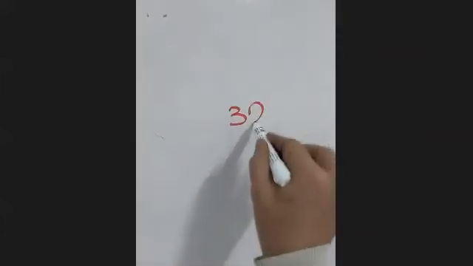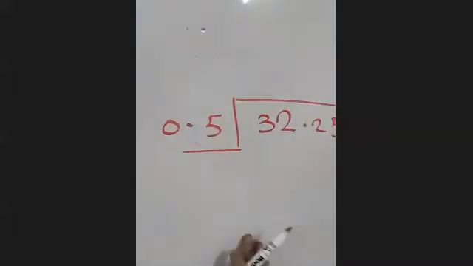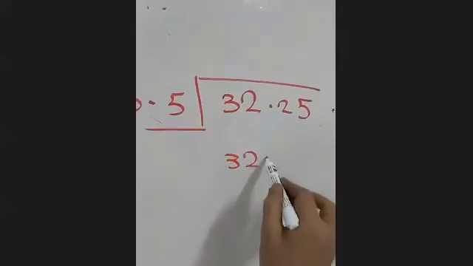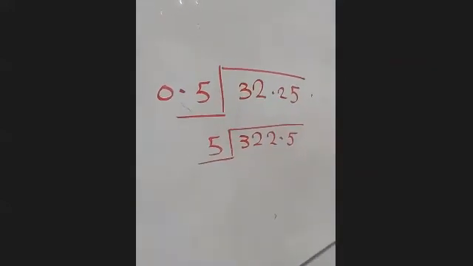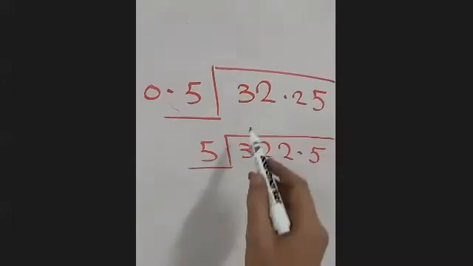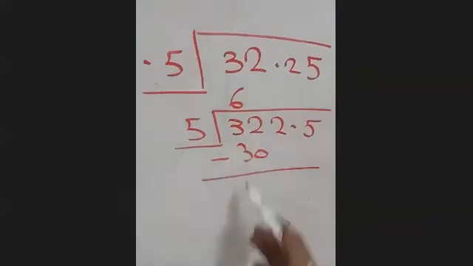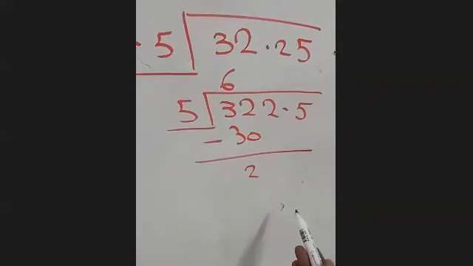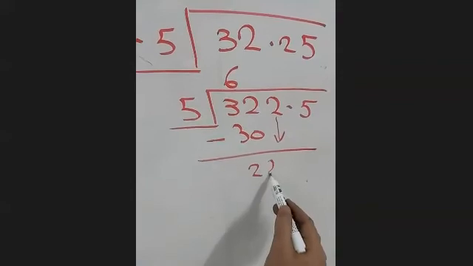Let's check. 32.25 divided by 0.5, right? Now we push the decimal 1 digit in both, right? It will be 322.5 divided by 5. Now 32 divided by 5 is 6, 30, right? You wrote, subtract here 2, equal 22. No, equal 2 only. Then we push the 2 down, it will be 22.